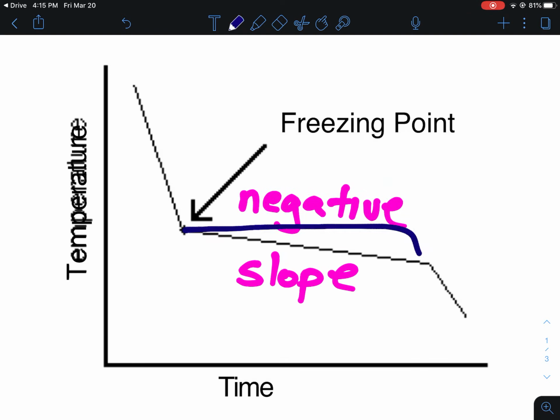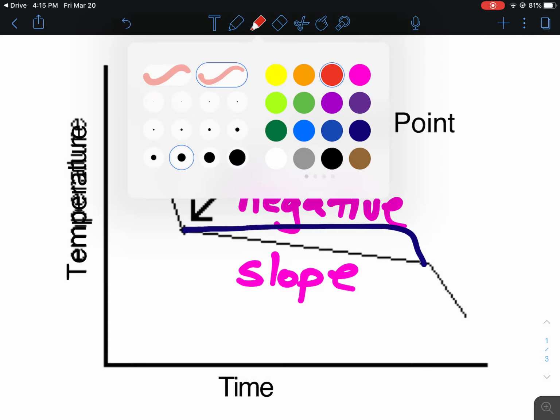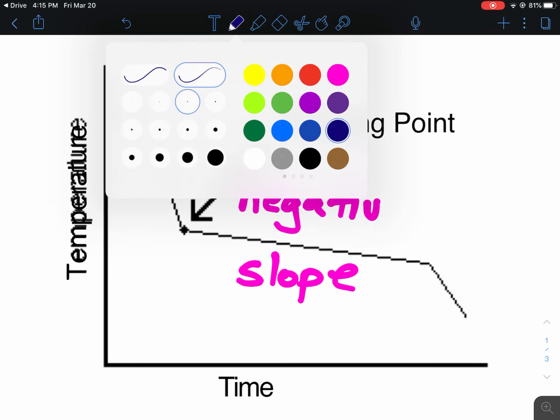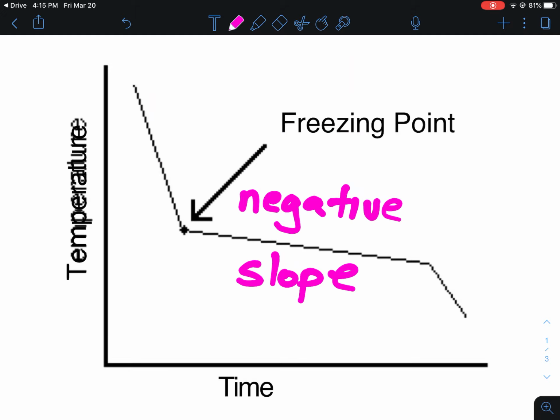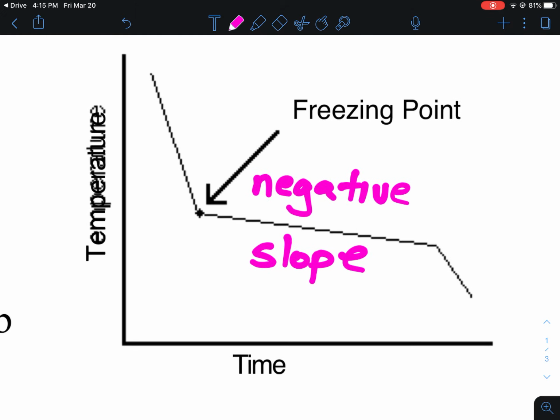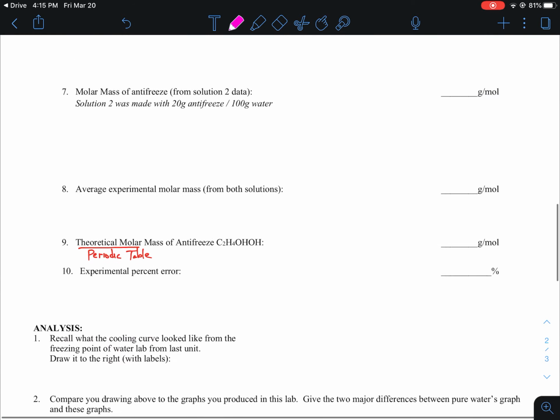So instead of being flat and then dropping down, you're going to have this area here where it's not staying flat, but it's actually being depressed. And that's the whole idea of freezing point depression: the freezing point is going to start a little lower, but then it's also going to drop as it goes. So it's no longer going to be a flat line.